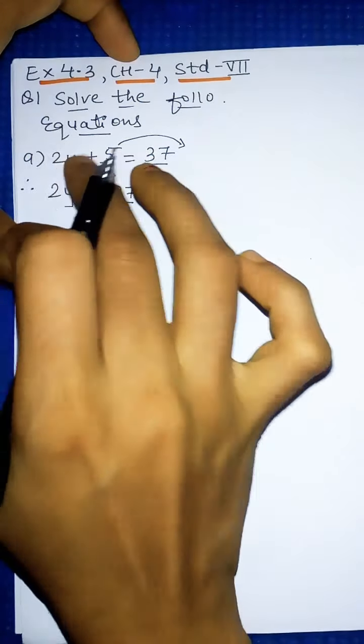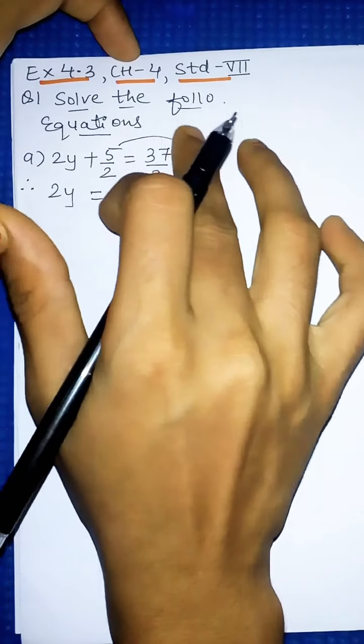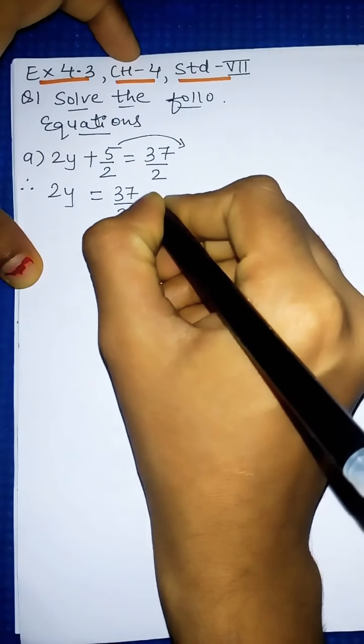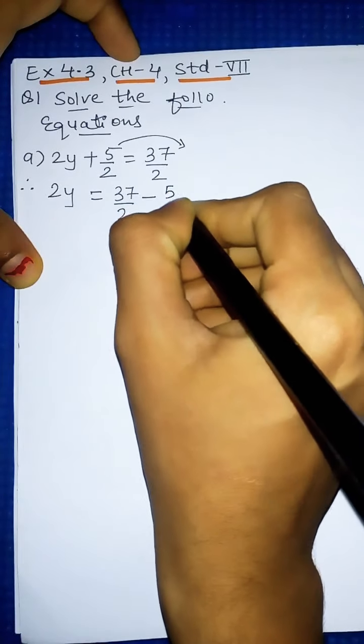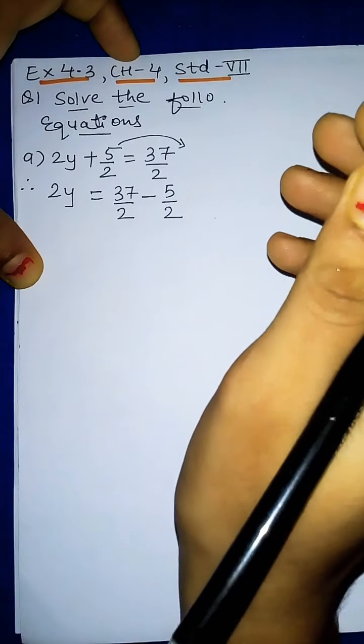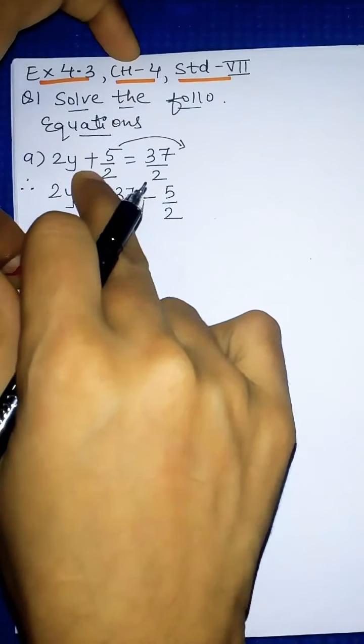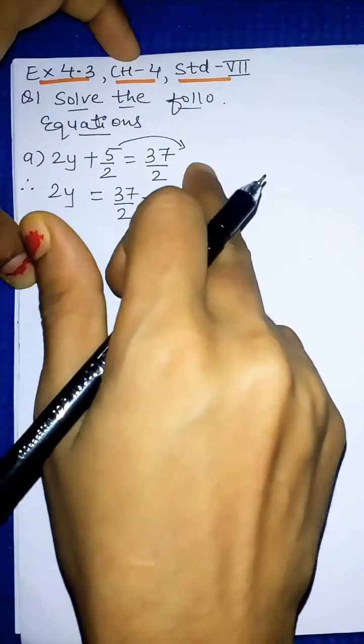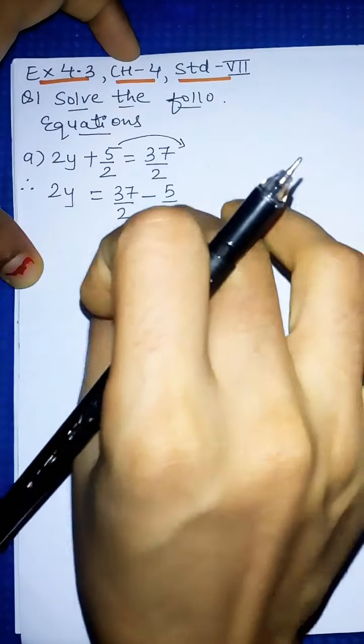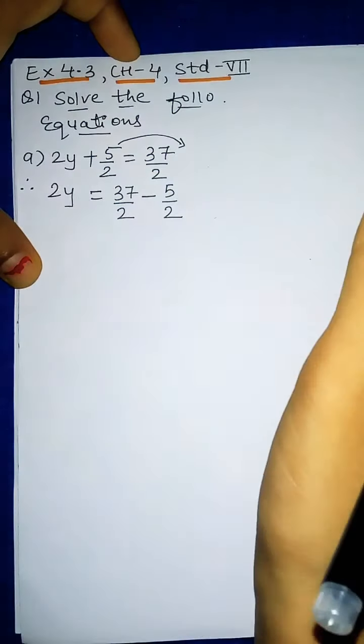So this is positive plus 5 upon 2. Whenever you take a positive term to that side, the sign will change, so it will become minus 5 upon 2. So sign change is very important. Whatever is in addition will go to that side and be in subtraction. If it is in subtraction, it will go to that side and be in addition. So we need to change the sign.